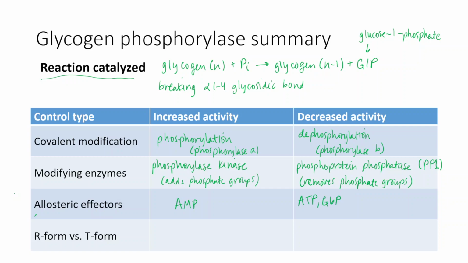And G6P is glucose 6-phosphate, in case anyone was not sure. And those both act on the phosphorylase B. Which allosteric effector acts on phosphorylase A? Yeah, glucose.